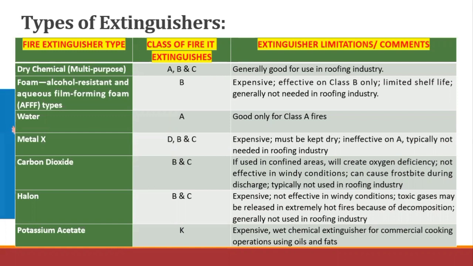It enumerates the fire extinguisher types that you can make use of for the classes of fire, the second column states the classes of fire for which a fire extinguisher is efficient, and the third column discusses the limitations and overview pertaining to the use of fire extinguishers towards the classes of fire.